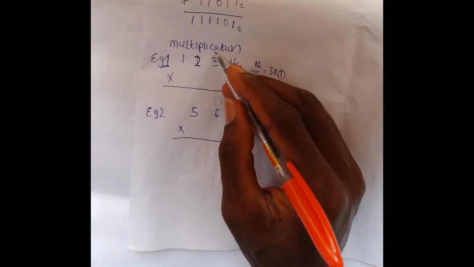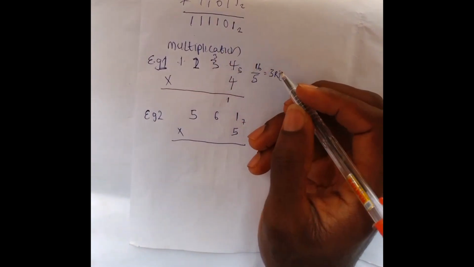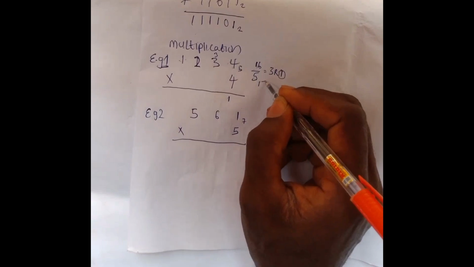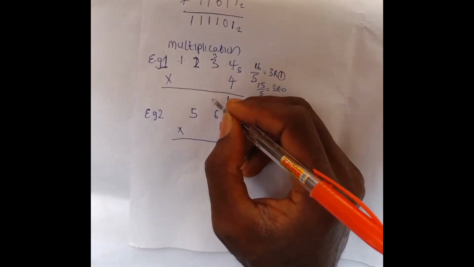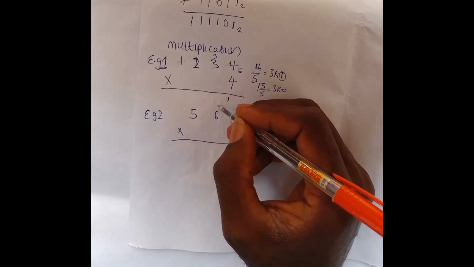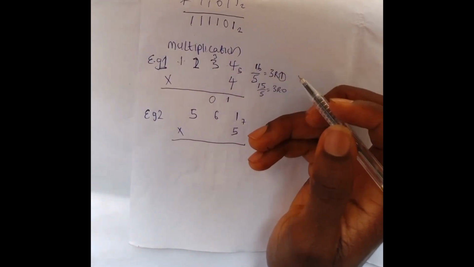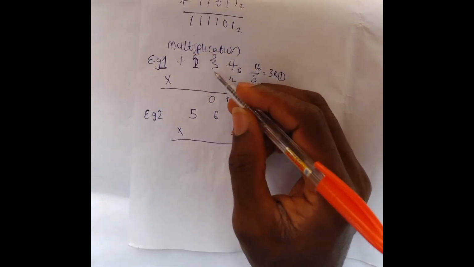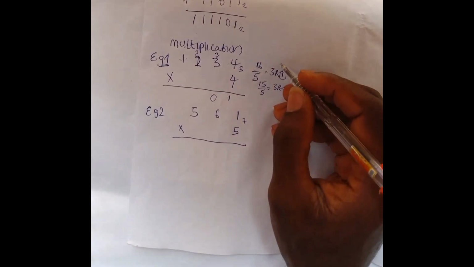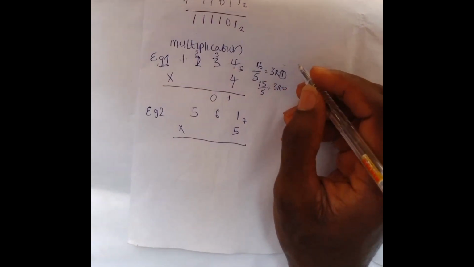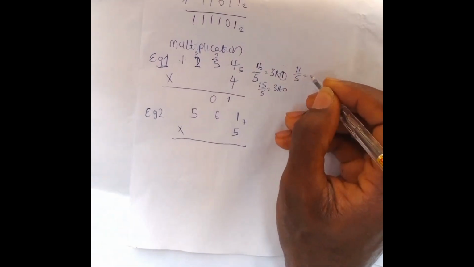4 times 3 is 12, plus 3 is 15. 15 divided by 5, because it's higher than the base, will give us 3 remainder 0. Write the remainder, which is 0, and add 3 to the next. 4 times 2 is 8, plus 3 is 11. Same thing, it's higher than the base, so we divide it by 5, you get 2 remainder 1.